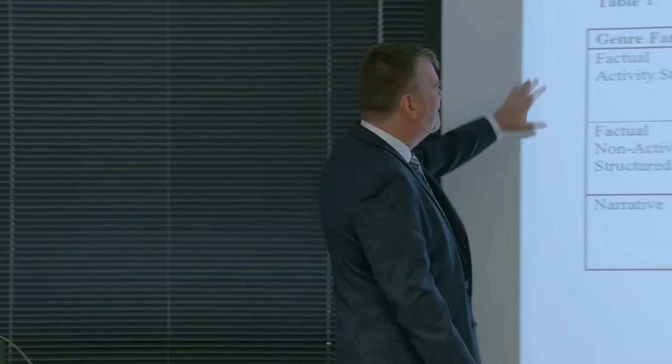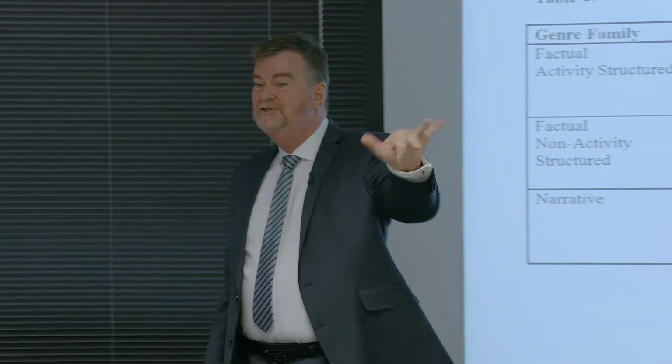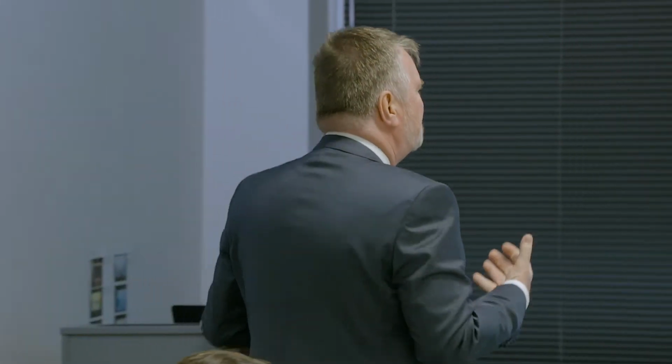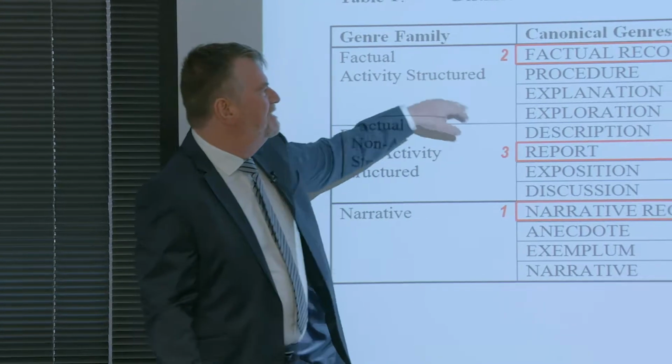So it works out that within factual canonical genres, there are 2 classes. One is specifically oriented towards activities and actions, and so it has a temporal order to it. Stuff starts and then stuff finishes, and there's some processing in the middle. These are the so-called factual activity structured canonical genres.